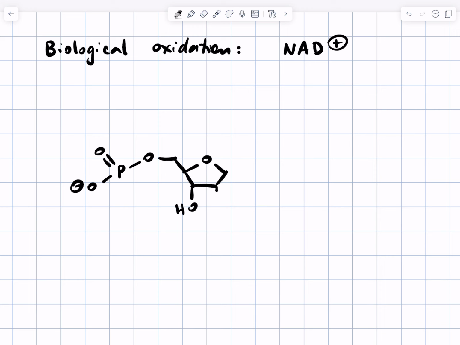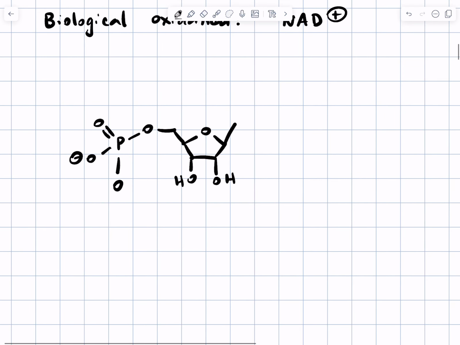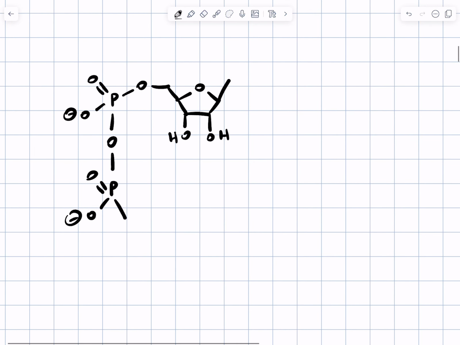So what I'm drawing for you now, NAD+ stands for nicotinamide adenine dinucleotide. What I'm drawing for you now is the dinucleotide part. This is a phosphoanhydride connection.